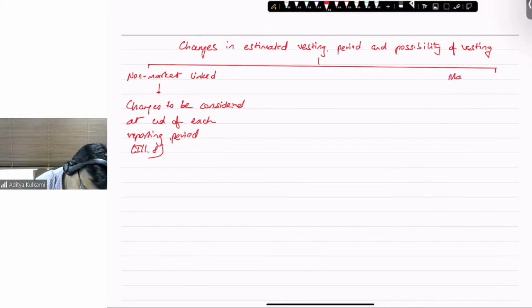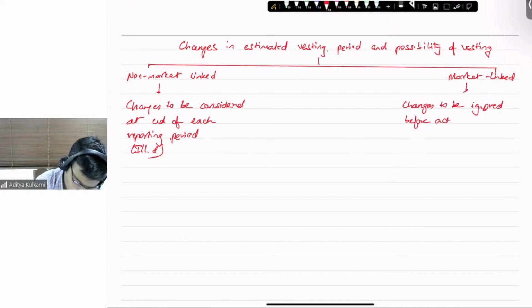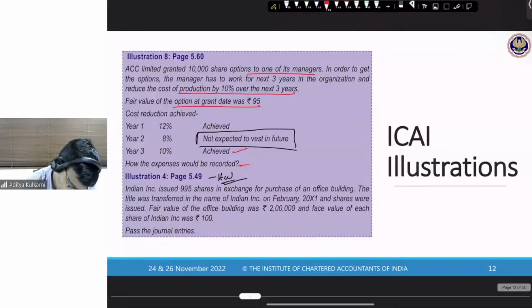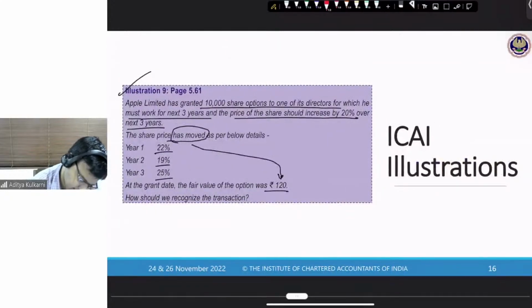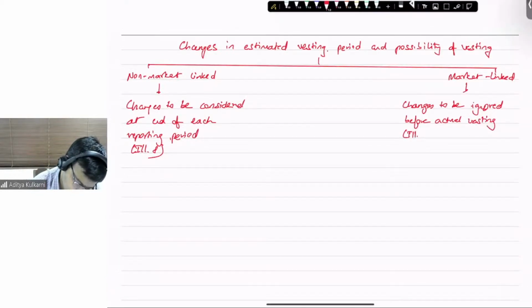Market linked changes are to be ignored before actual vesting. I think we had done this in illustration 9. Yes, illustration 9.